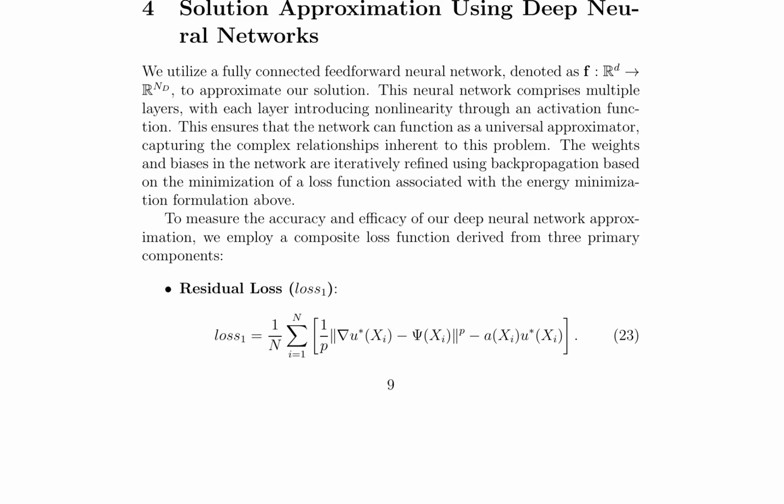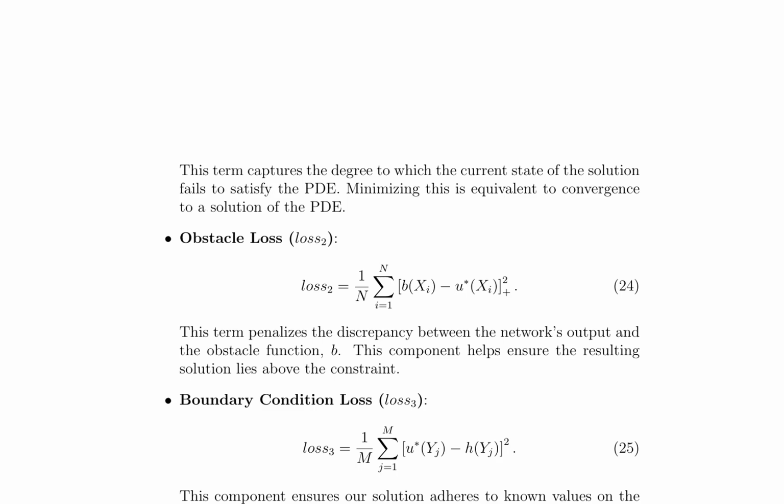The composite loss function consists of three primary components: the residual loss, which measures the degree to which the current solution fails to satisfy the PDE; the obstacle loss, which penalizes the discrepancy between the network's output and the obstacle function b; and the boundary condition loss, which ensures the solution adheres to known values on the boundary.